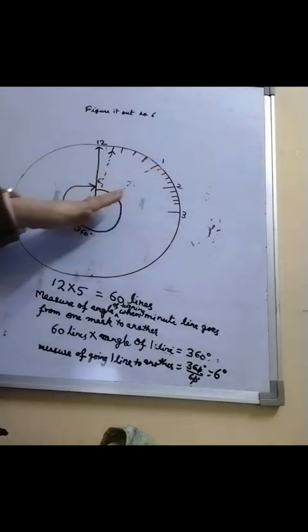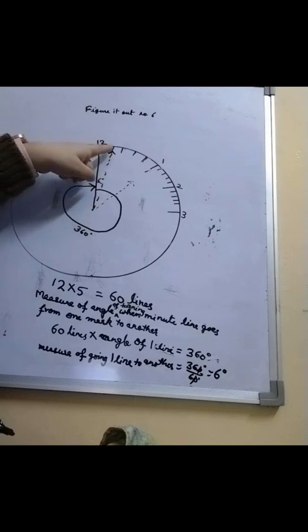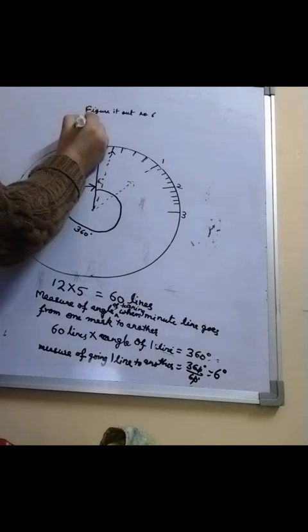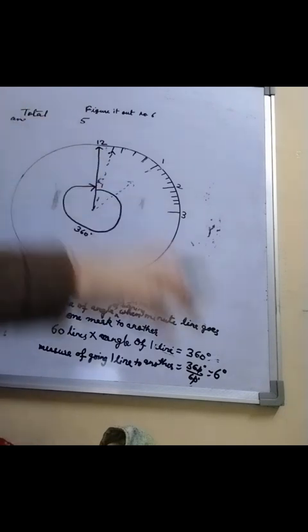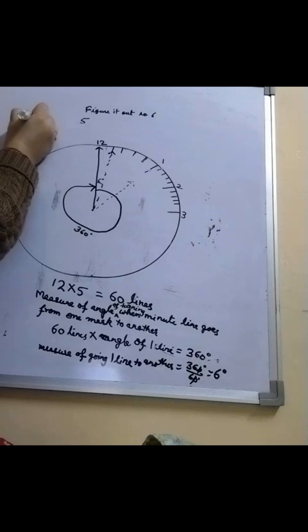It is asking the angle at 1 o'clock. So how many lines are there in total? 1, 2, 3, 4, 5. So what would be the total angle at 1 o'clock?